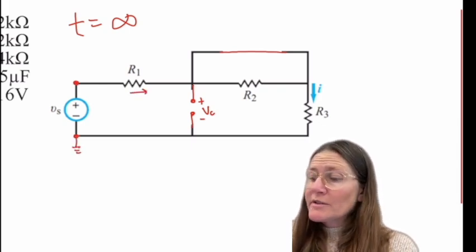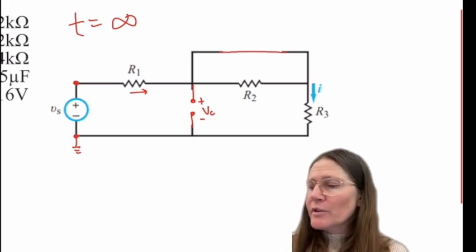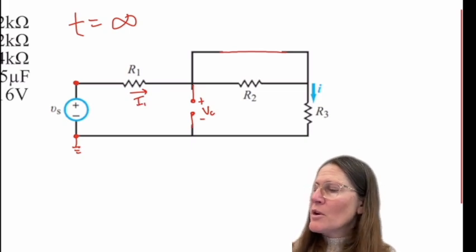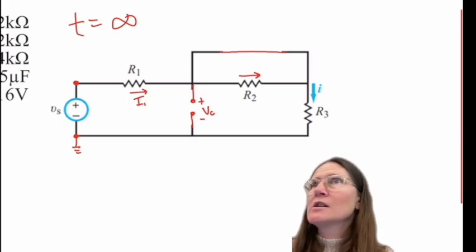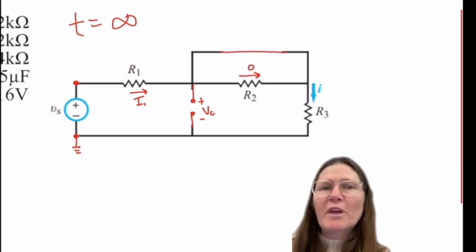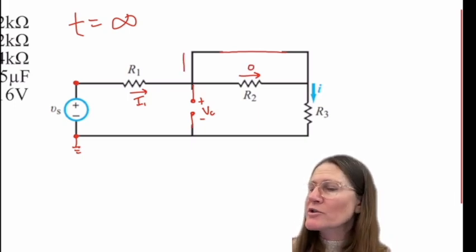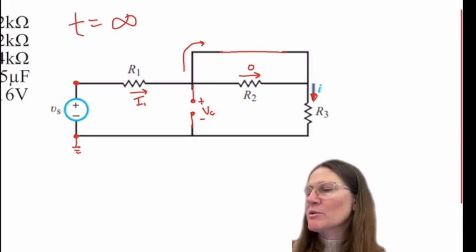So one question: is there current flow? There is current flow, so that is not 0. Is there current flow here? It's shorted, right, from that wire. So there's no current flow there, so all the current flows here, and then it goes back through R3. So all of this is I1.